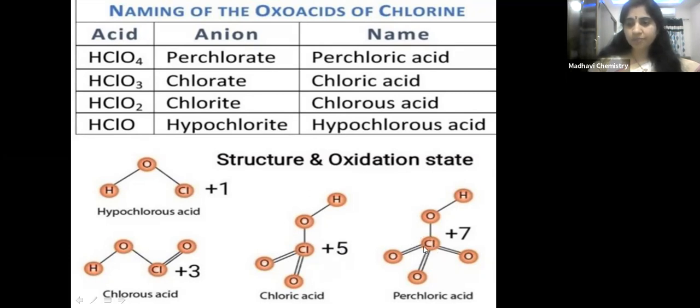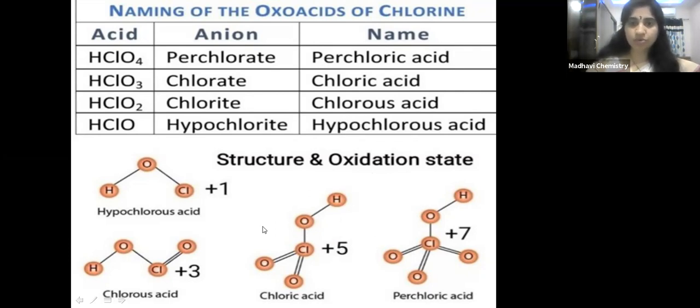So chlorine forms a single bond with OH and three double bonds with three oxygens. Okay, so children, this OH is responsible for the proton donation. That means it gives H plus ion by the breaking of this bond. Like that, these oxoacids act as acids.